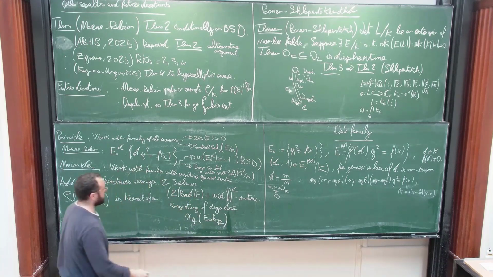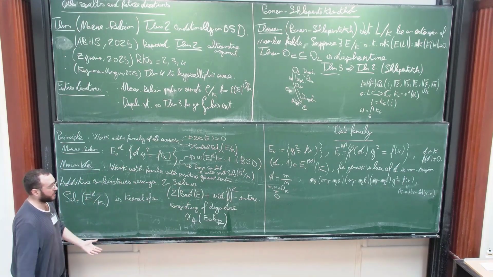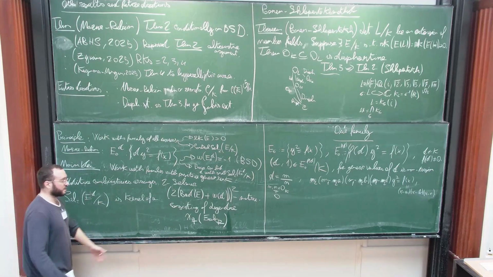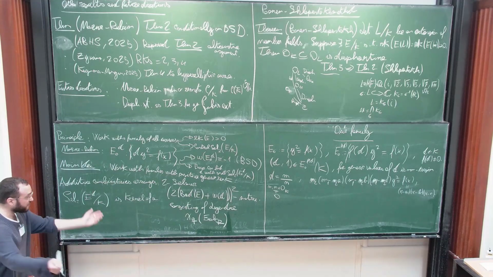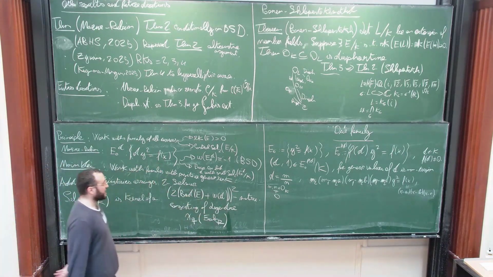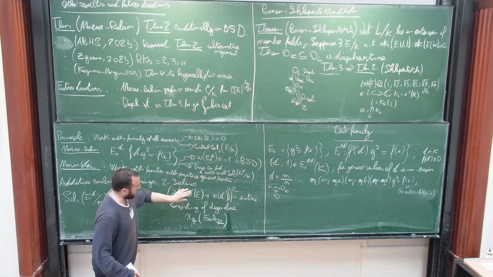So let me explain this a little bit better. You take all the places of bad reduction of your original elliptic curve, and all the places above 2, and all the Archimedean places, and you take a D that is supported away from all of this, and is actually locally trivial at all these places. So then you get a matrix that has 2 times every such place.